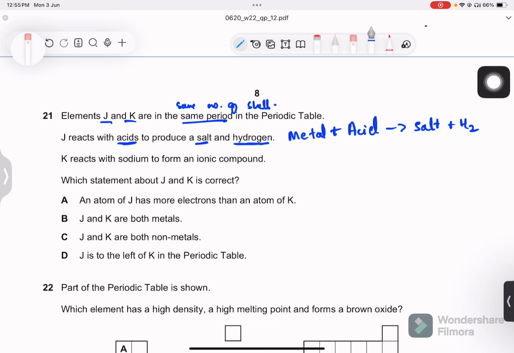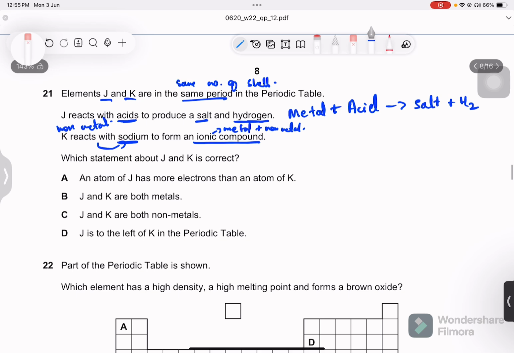K reacts with sodium to form an ionic compound. So K should be a non-metal. Why? Because it is reacting with a metal. Two metals don't react. A non-metal only reacts with a metal. And an ionic compound is formed, which means that ionic compounds are compounds which have a metal plus a non-metal.